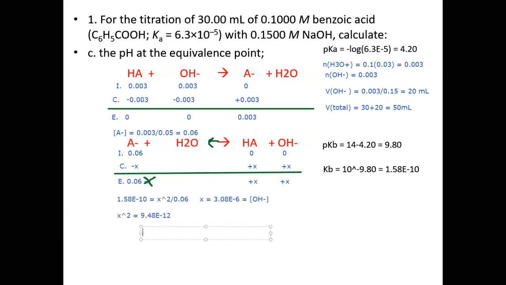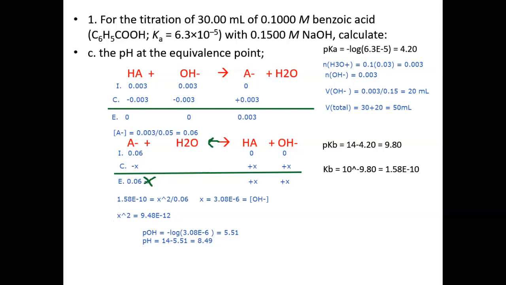Now we can find the pOH. 5.51, and then we can find the pH, which would be 8.41. 8.49, my bad.